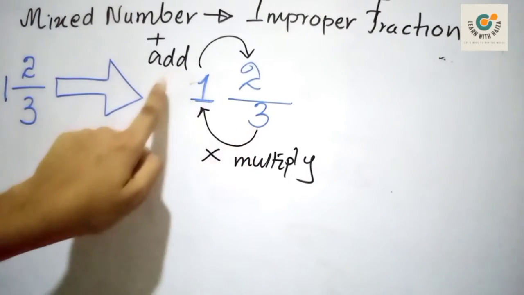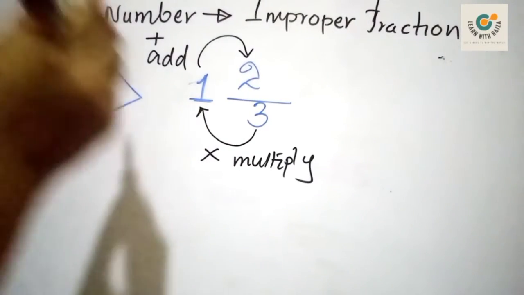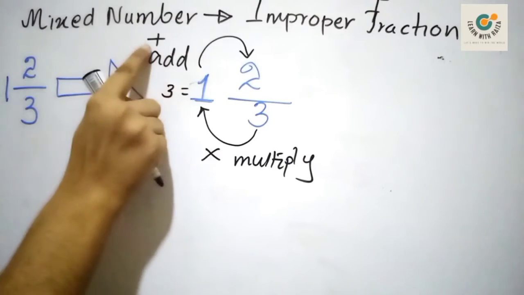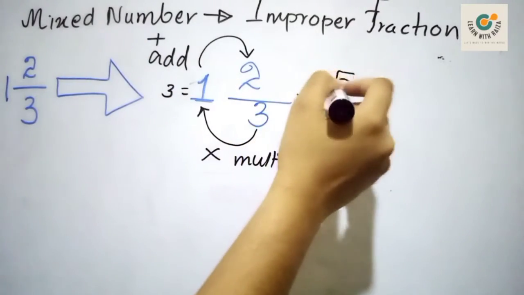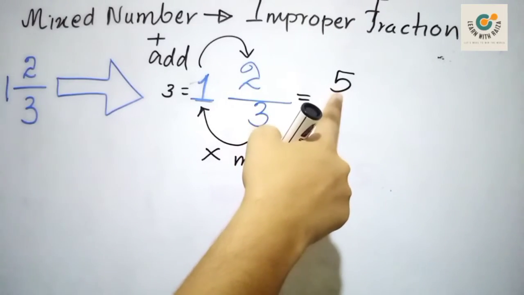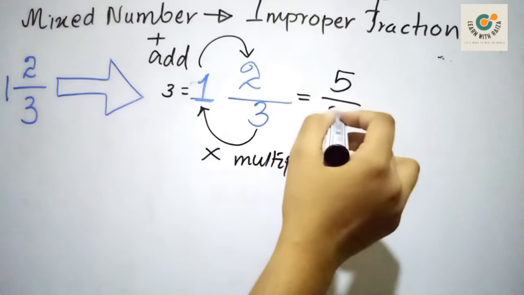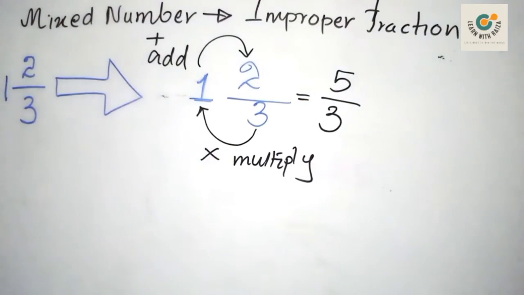Multiply 3 times 1, the denominator with the whole number. You get 3. Keep it in your mind. That 3 you have to add with the numerator. 3 plus 2 you get 5. Write it in the answer as the numerator, but don't change your denominator.